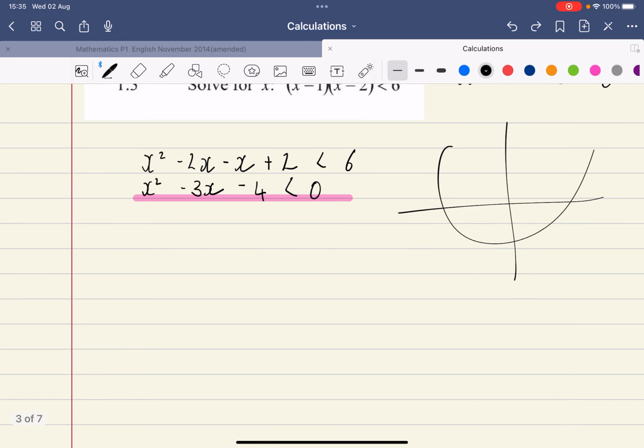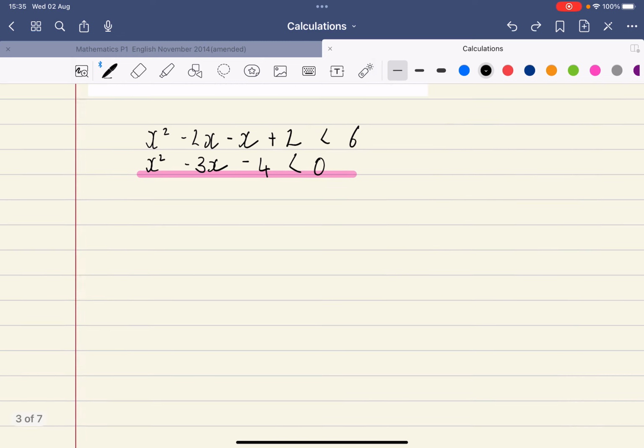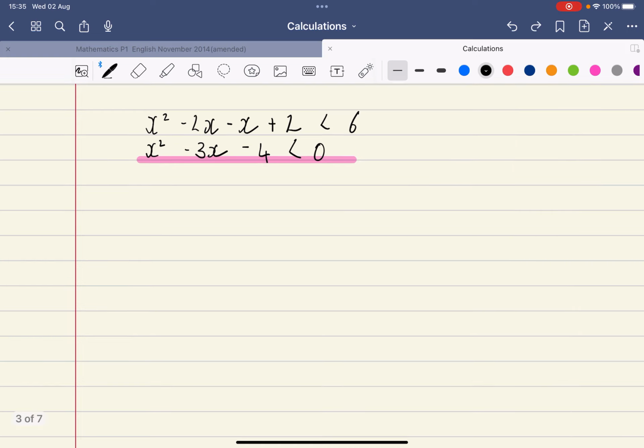So I like to first think, okay, let's find the roots where our graph is equal to y equals 0. And then we'll deal with the inequality. So let's do that. That means we're going to have to factorize this. Now we can use our solver calculator to find the roots, or we can use the quadratic formula, or we can use factorization, and that's what I'm going to do here.